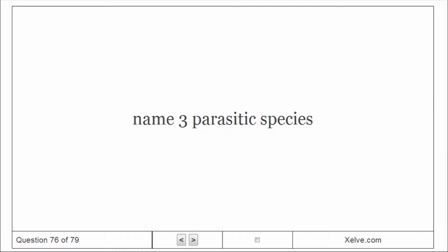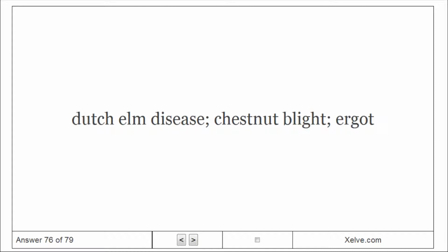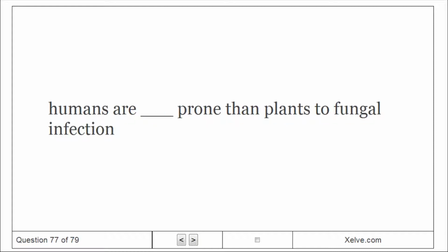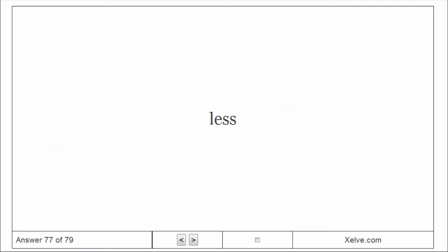Name three parasitic species: Dutch elm disease, chestnut blight, ergot. Humans are less prone than plants to fungal infection.